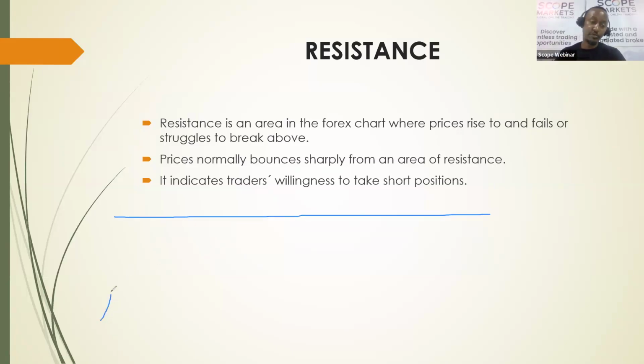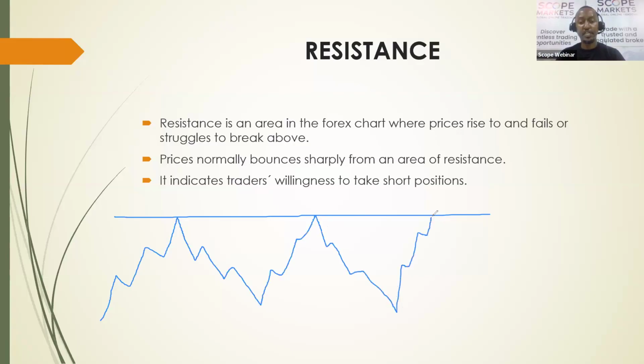In the same way in the market, you'll find that the market will tend to push up, reach a particular level, then there'll be a retracement, or the market will bounce off from that level, then it will come again, then we'll see a rejection from that level, then it comes again the third time.